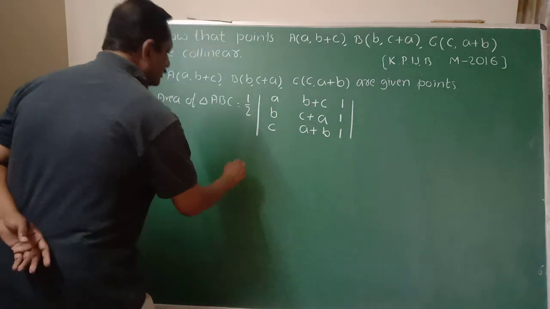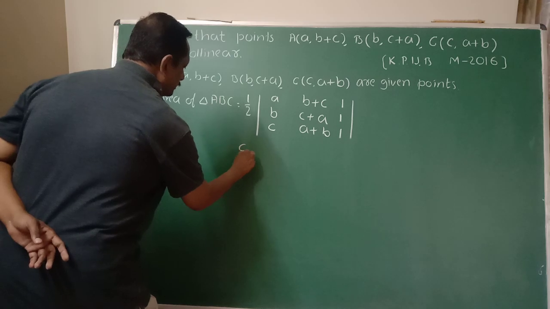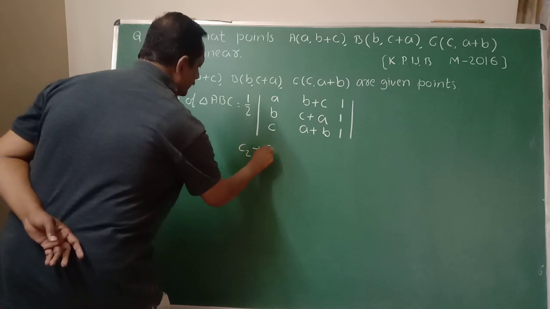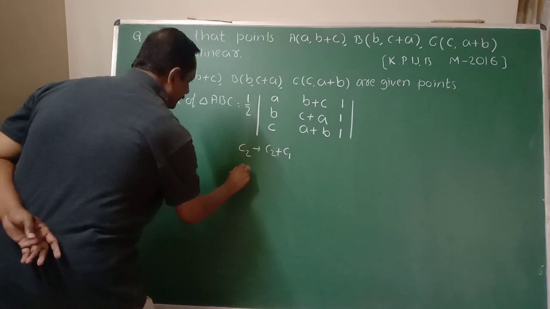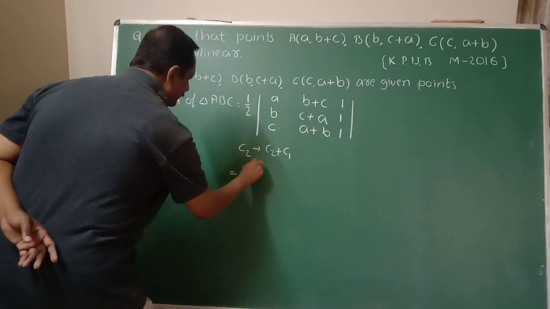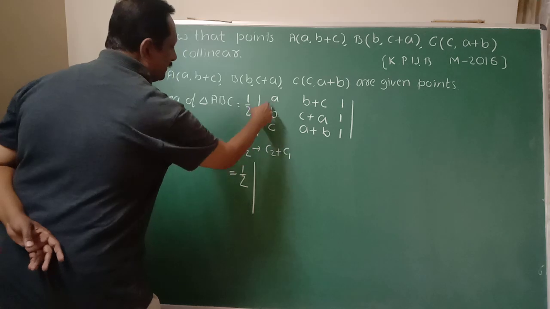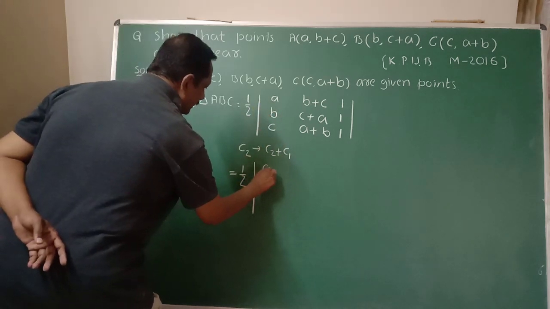So C2 becomes C2 plus C1, therefore 1 upon 2 into the determinant. The first column is kept as it is: a, b, and c.